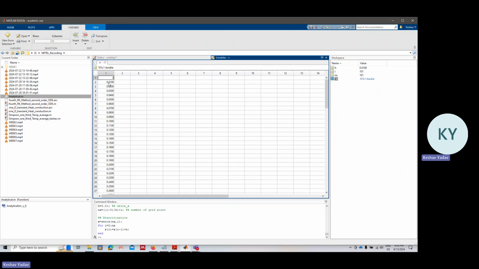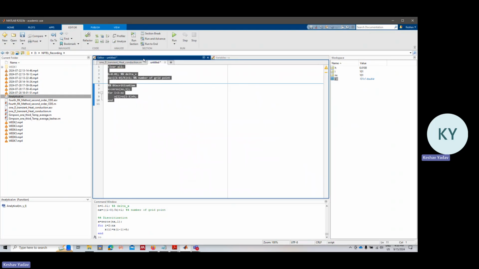So 0, then 0.01, 0.02. So we have created a grid in x with a step size 0.01. Now the grid has been defined. Now what we need to do? We need to define R. So R is delta t upon delta x square.